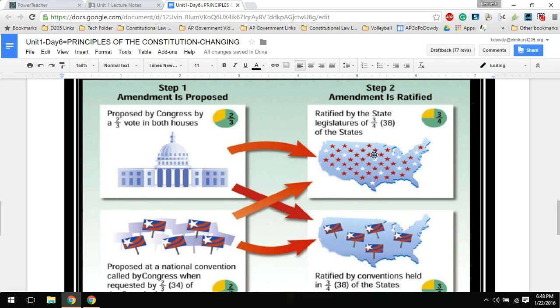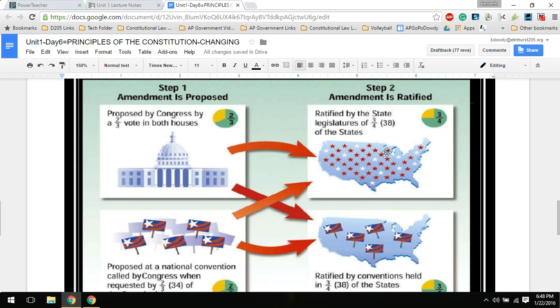Not easy to do unless you have an overwhelming majority of both chambers of Congress. As I mentioned earlier, this usually means that you have to have an issue that both Democrats and Republicans will agree upon. All of the 17 amendments that have occurred after the passage of the Constitution have taken this 2/3 step route.